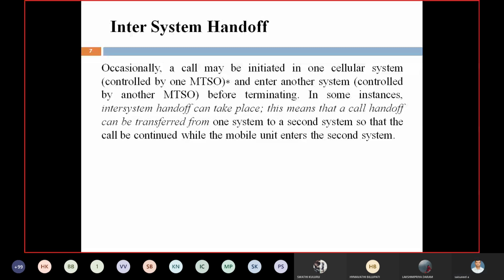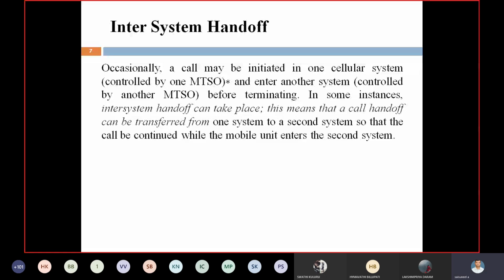Suppose the customer who initiated the call is moving by car or bus on a national highway. If he moves along the national highway, he can move from one state to another state. Suppose he moves from Andhra Pradesh to Karnataka. Automatically the circles change, and the MTSO also changes from one circle to another.